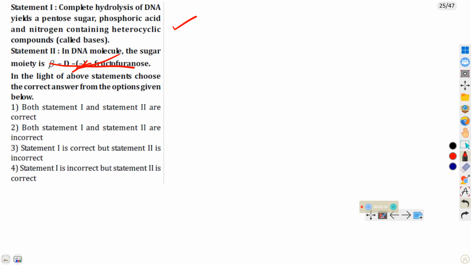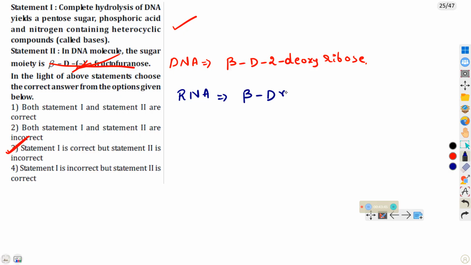In DNA molecule, the sugar moiety is beta-D-2-deoxyribose. Statement 1 correct. Statement 2 incorrect. In case of RNA, the sugar moiety is beta-D-ribose.